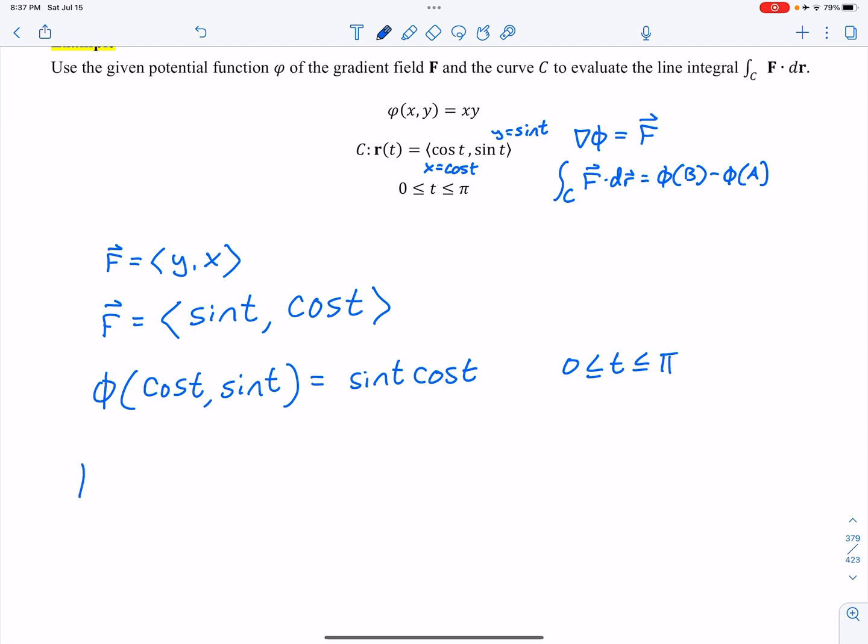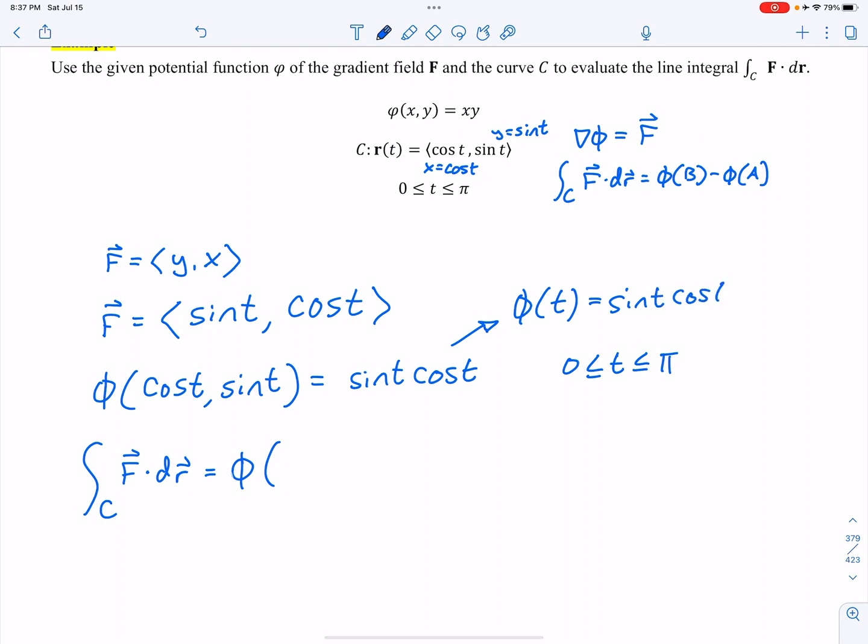So this line integral over path c that they defined for us, f dot dr, is equal to my phi of, and I'm just going to plug this in, because we could really do phi of t equal to sine t cosine t, because that's all we have to plug in.